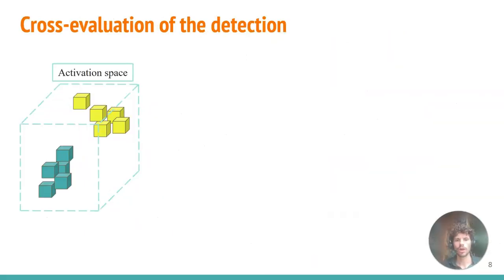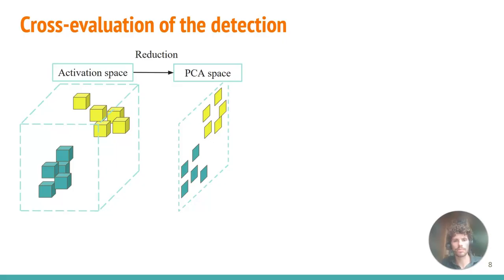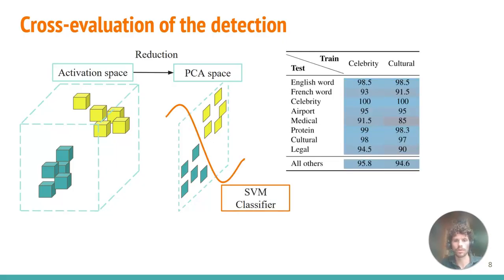Now we can try to evaluate how well this contrastive data is correlated to the confabulation. Meaning that if we have our activation space, let's first try to reduce this with a PCA, as we saw just before. And then in this PCA space, we can train a classifier that will generalize across the prompt categories we had.